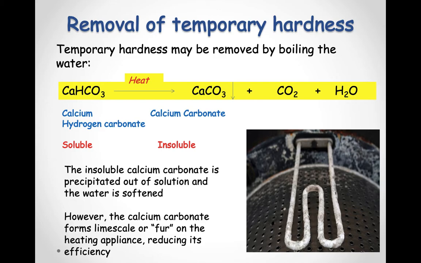We call that calcium carbonate limescale, and it has an overall effect of making the heating appliance have to work harder to heat the water, and so we tend to try to remove it. Because if we remove that limescale, we should be able to increase the efficiency of the kettle or the water heater or whatever we happen to be talking about there.